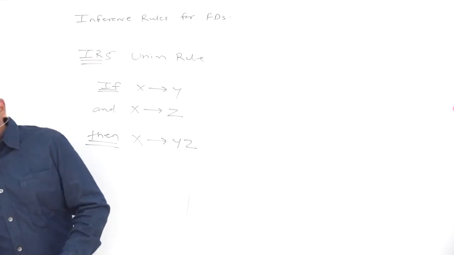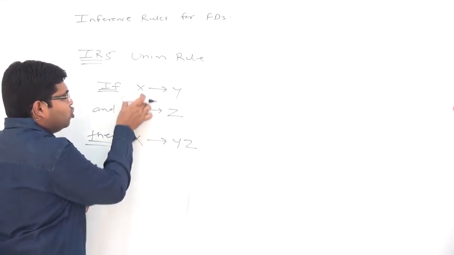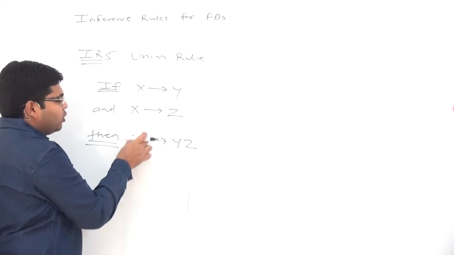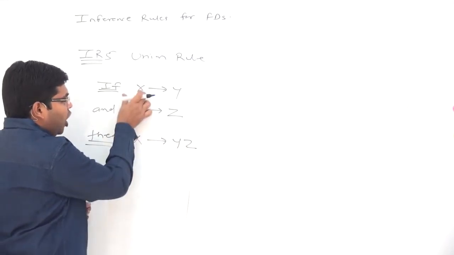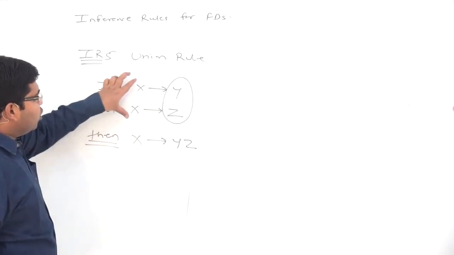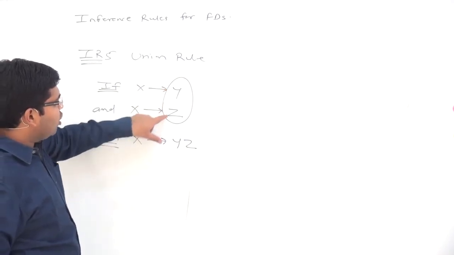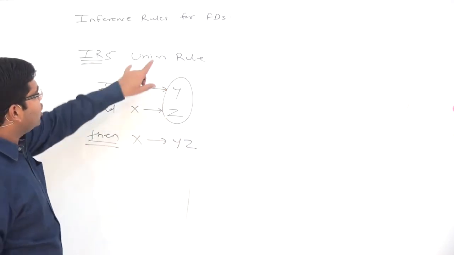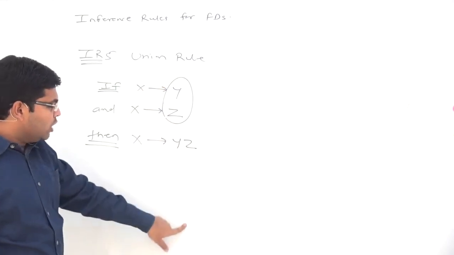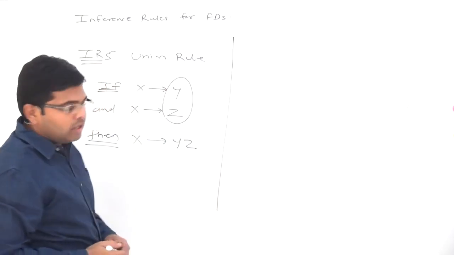In simple terms, whenever the left hand side of two FDs are same, then you can take the common left hand side and you can take the union of right hand side. So here both the left hand sides are equal to x, so we will write down x on the left hand side and the union of y and z will be yz, and that's why this particular rule is called the union rule.